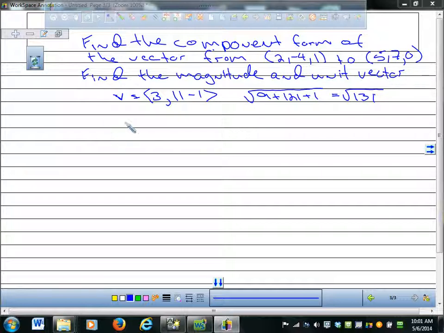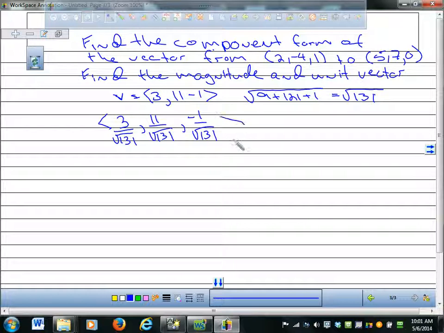So the unit vector would be 3 divided by the magnitude, which is square root of 131, comma 11 divided by square root of 131, comma -1 divided by the square root of 131. Do you guys understand what that means?